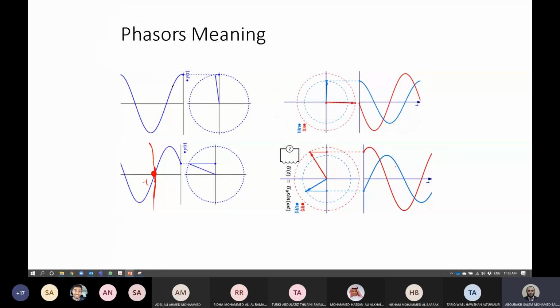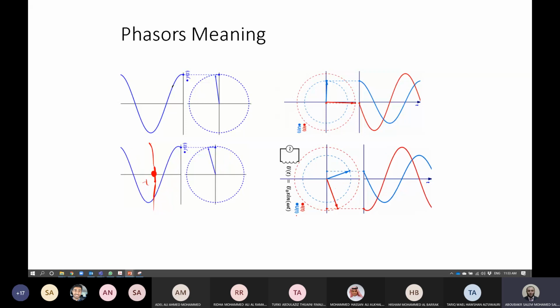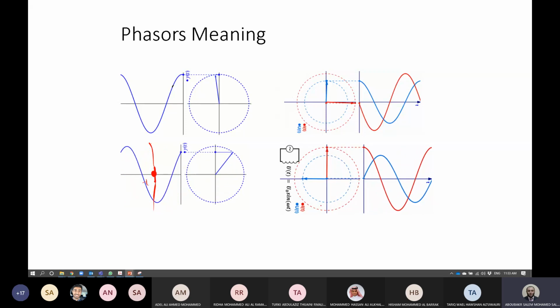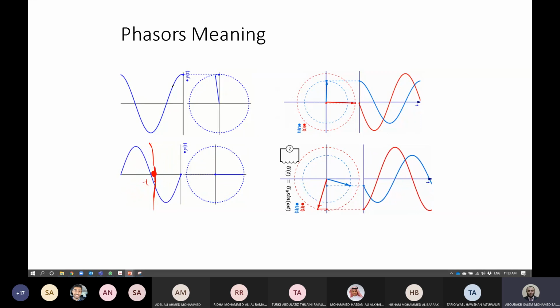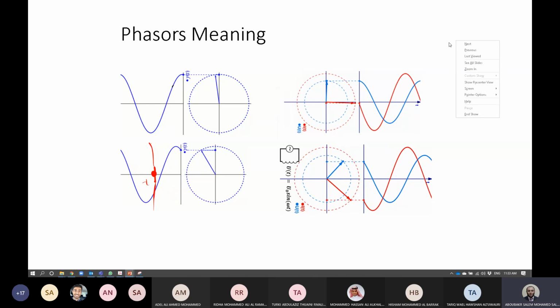As you can see, we have V in red color, and I in blue color. Let me just stop at any instant. طبعا يا شباب, here we have an inductive load, which means I should be lagging V. صح?